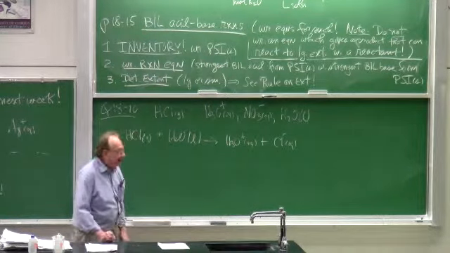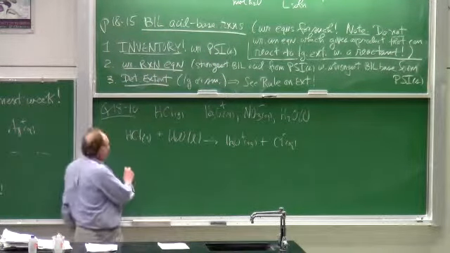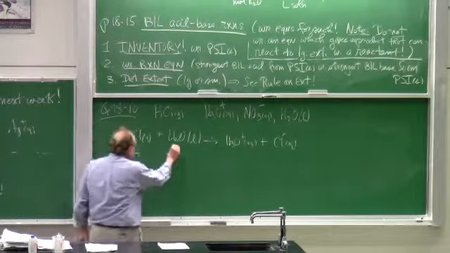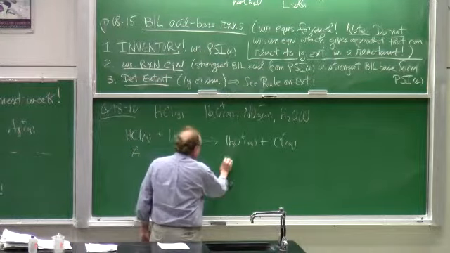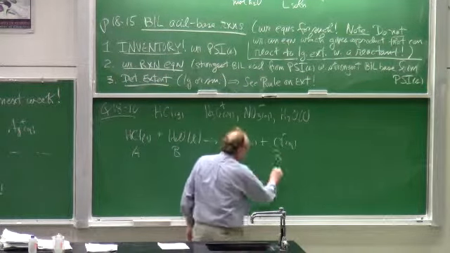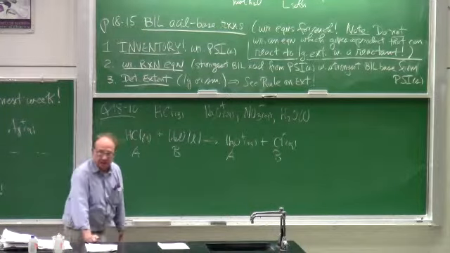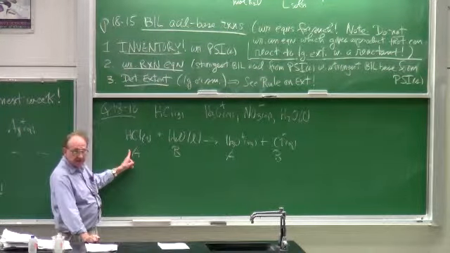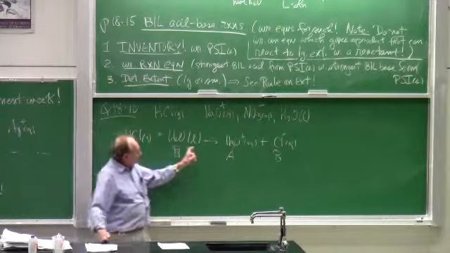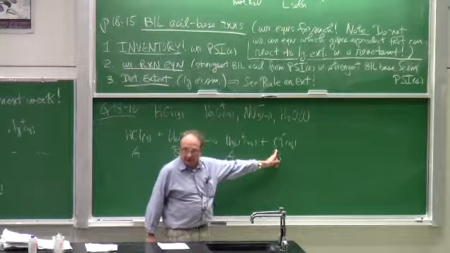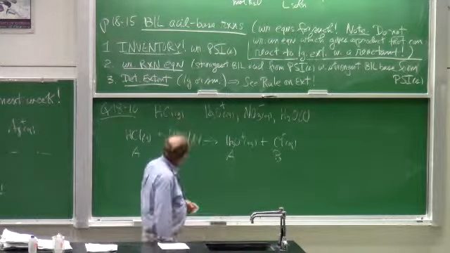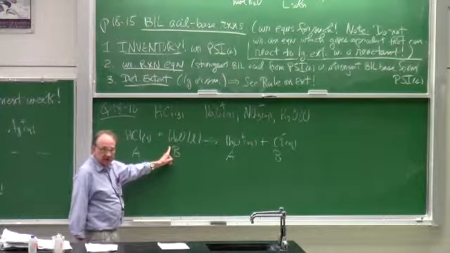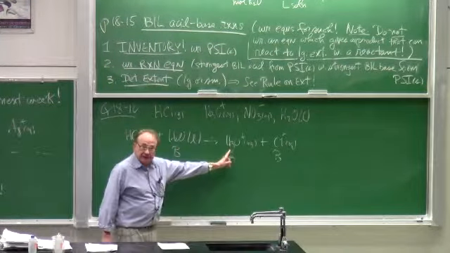In your mind's eye, you identify the reacting acid, the reacting base, the product acid, the product base. Remembering that the reacting acid will always convert to its conjugate base. And the reacting base will convert to its conjugate acid.